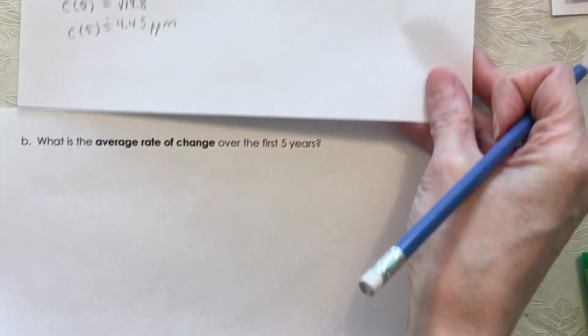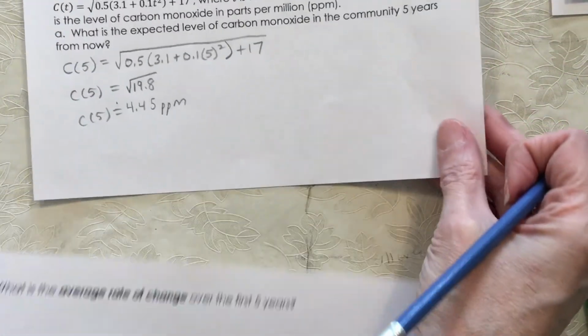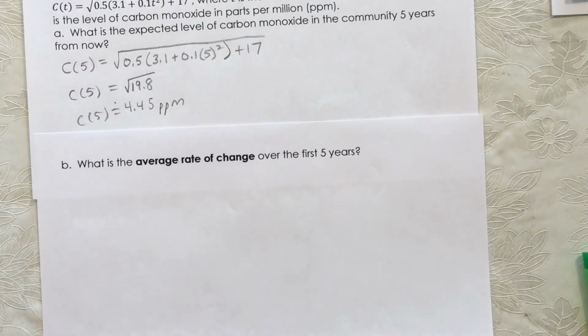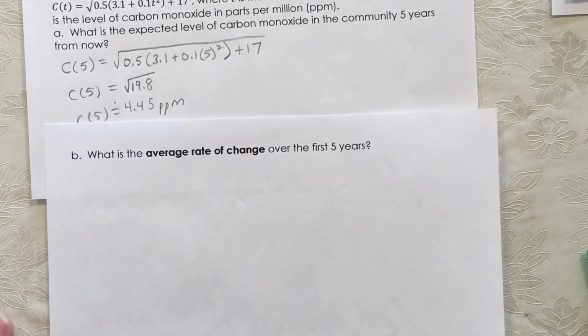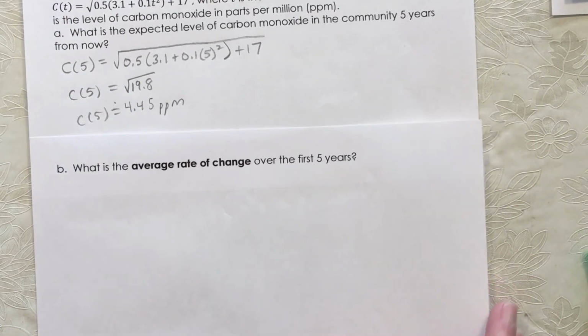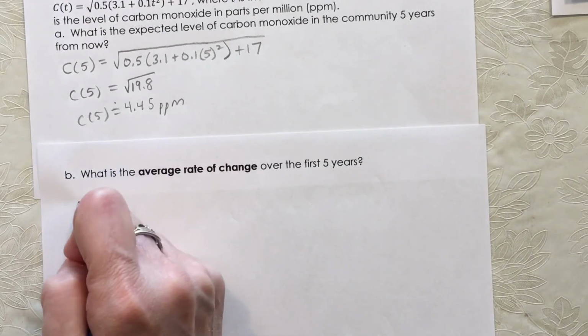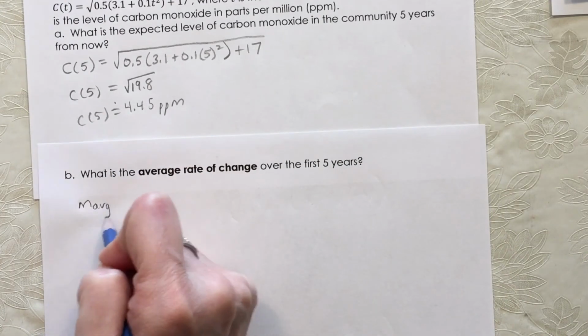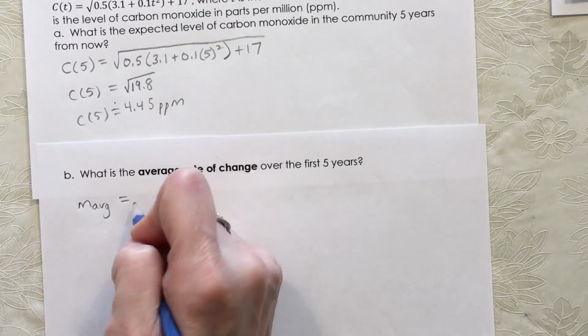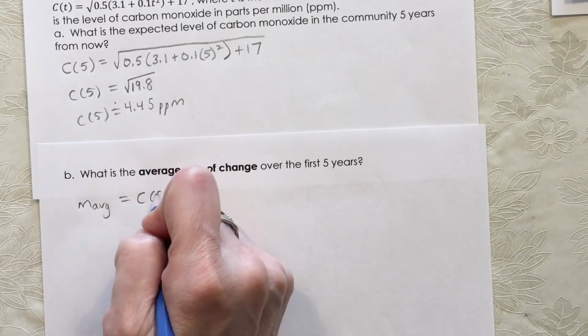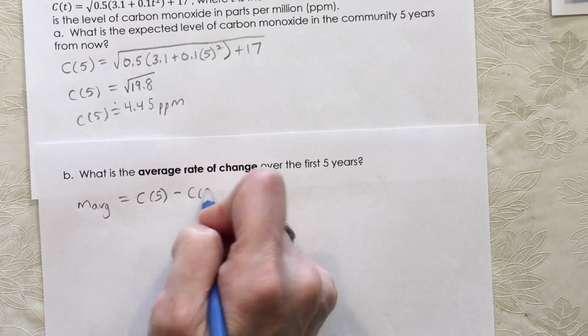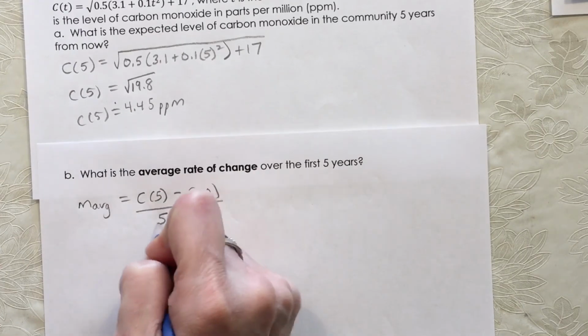B, so we'll try to put this up here over top. What is the average rate over the first 5 years? So I'll do m average. That's going to be c at 5, which we just found, minus c at 0, over 5 minus 0.